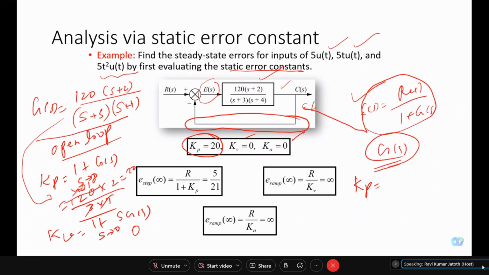And then when Kp is 20, the steady state error is 1 by 1 plus Kp, and the input here is not a unit step, it is 5.